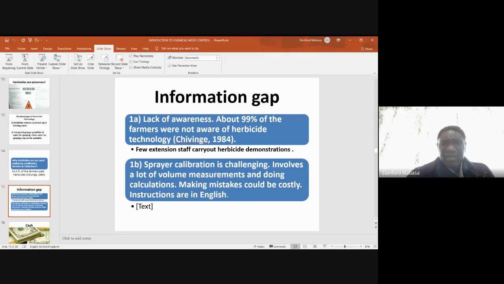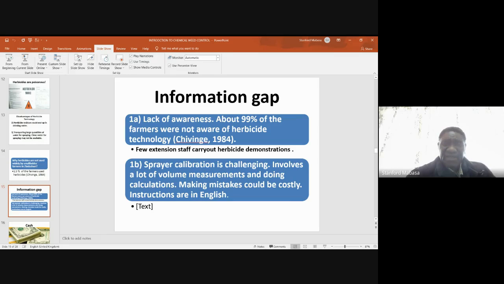I don't know whether this is still the case, because in 1984, about 99% of the farmers were not aware of herbicide technology. Probably it has changed now. There were also few extension staff who were carrying out herbicide demonstrations. I don't know whether they are now doing it.